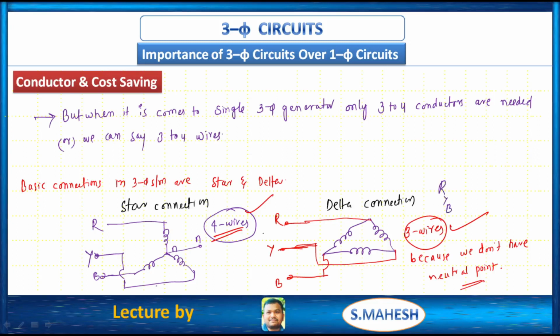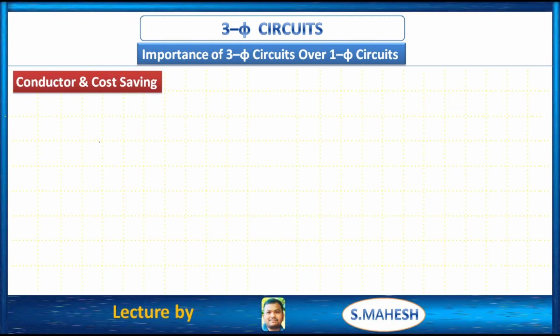That's why in delta connection we need only 3 wires, that is R, Y, B. In this we have what? R, Y, B and N, 4 wires. In this we have what? 3 wires. So what is the conclusion point? The copper saving is very much more in a 3 phase system compared to a single phase system. You can write that point.